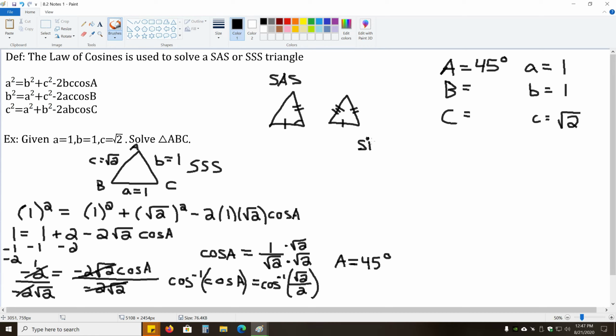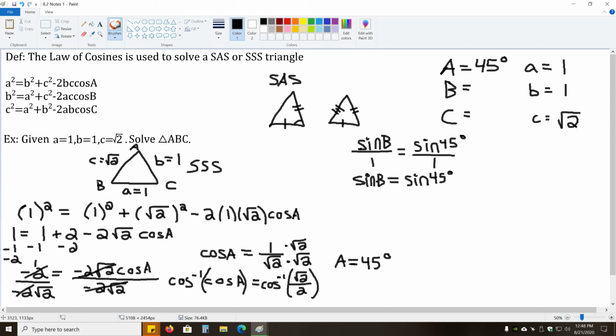So we get sine of B over side B, which is 1, equals sine of A, which we just solved for, is 45 degrees, over side A, which is 1. So sine of B equals sine of 45 degrees.